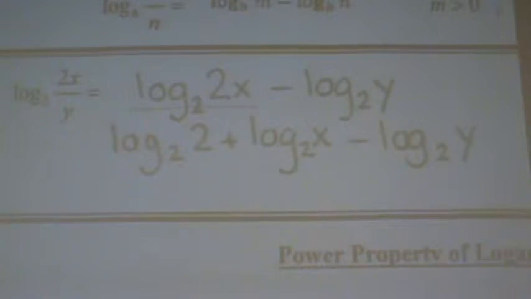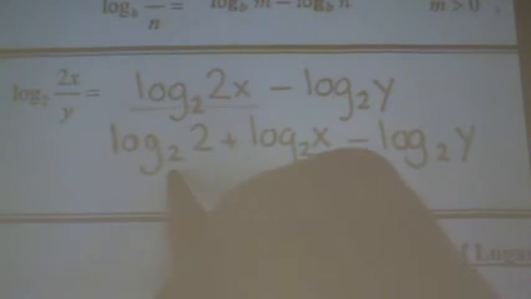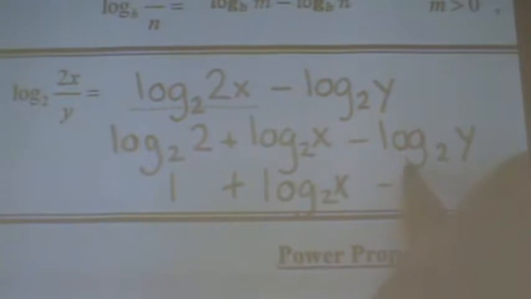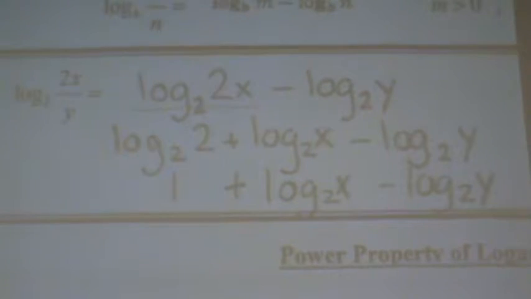Now, do you know what one of these equals? What's the log of 2 base 2 equal to? 1. So you could actually replace this with 1. Okay, that's your second property.